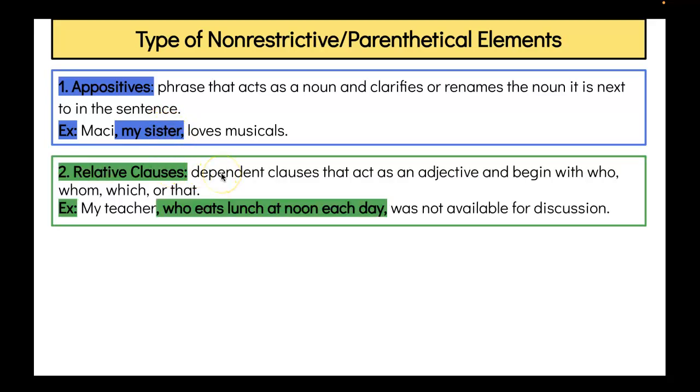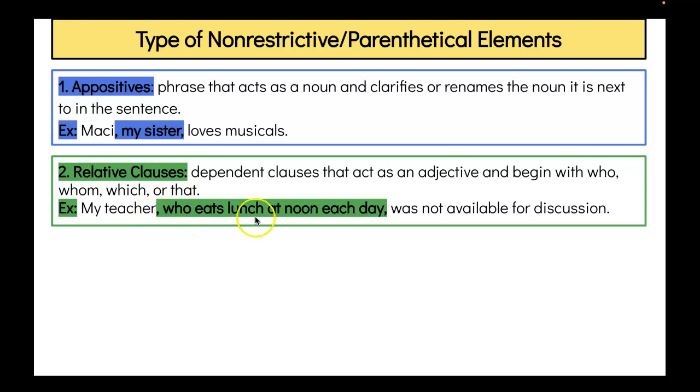A relative clause is a dependent clause. It starts with who, whom, which, or that, and these are subordinating conjunctions that we've talked about and worked on recognizing. But when we see them specifically acting this way, then they're called relative clauses. They act like adjectives, and they begin with who, whom, which, or that.